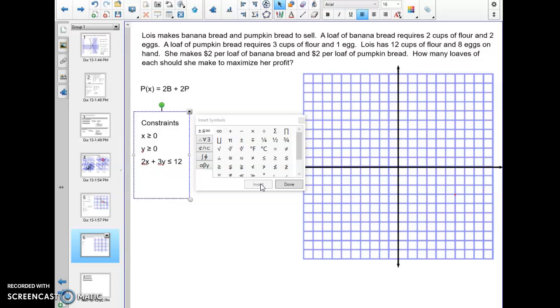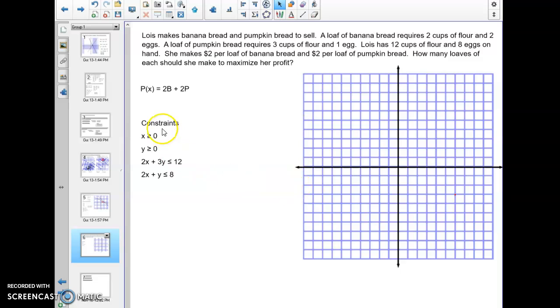For the eggs, it's 2 eggs for the banana bread, and it's 1 egg for the pumpkin bread. And that can't be bigger than 8. So once again, because our constraints have x is greater than 0, y is greater than 0, we're just dealing with quadrant 1.